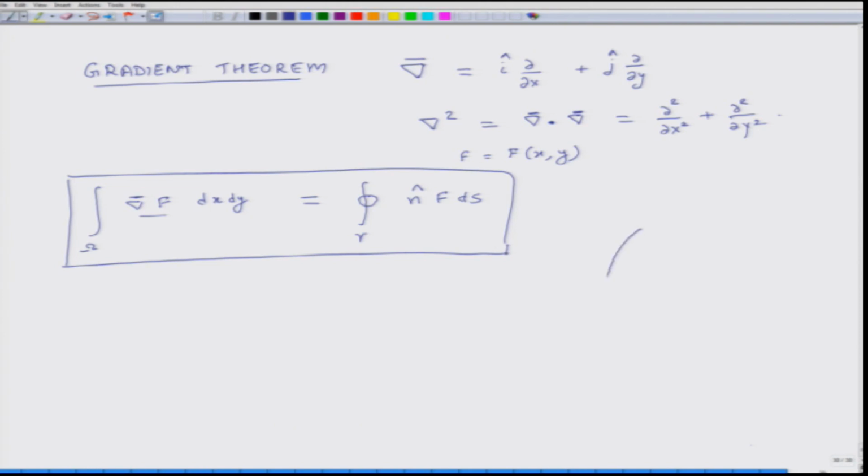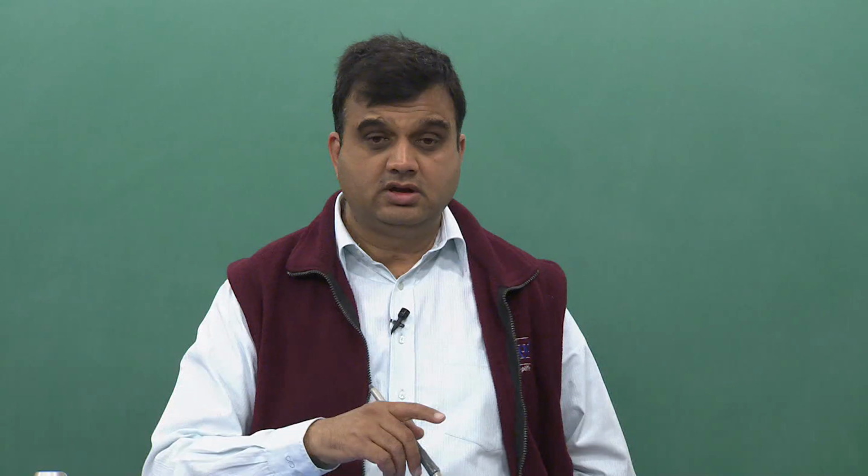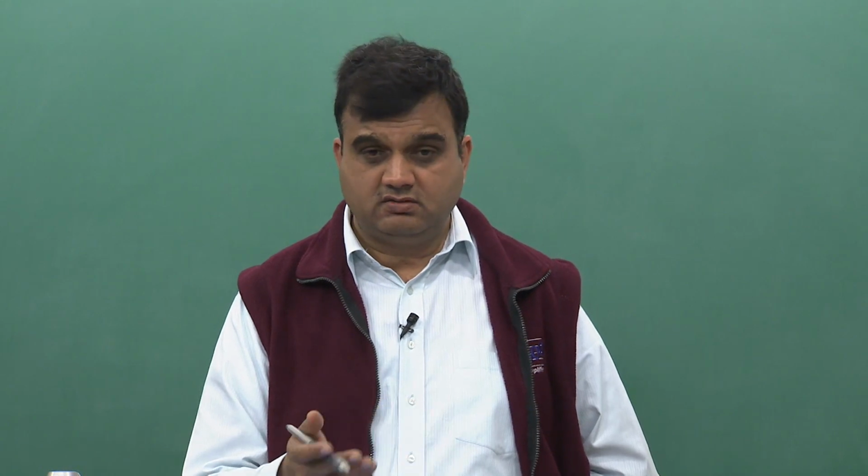So, we will explain this. Suppose this is my domain, and this is the boundary. Maybe there is another inside boundary. So, this is boundary A, this is boundary B. What the gradient theorem says is that f is present in this domain at all points. Let us say it is a temperature function, so the gradient of temperature will have two components, partial in x and partial in y.